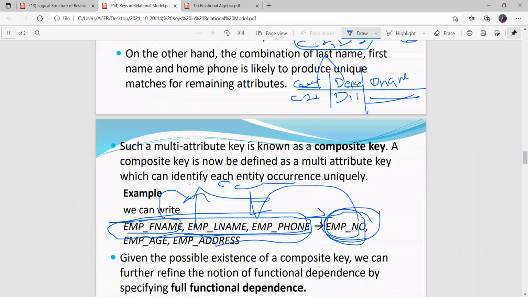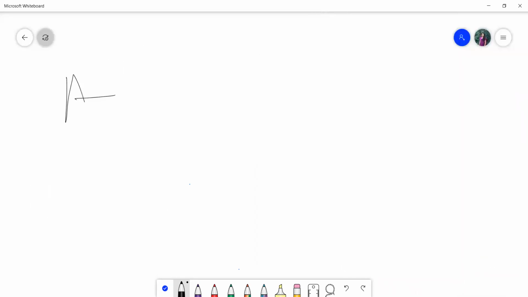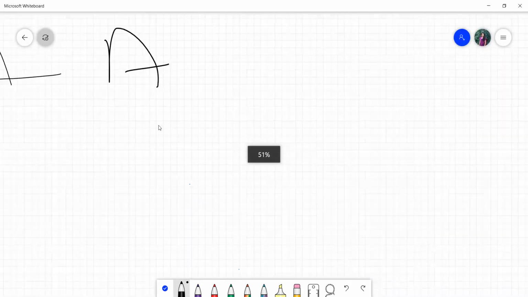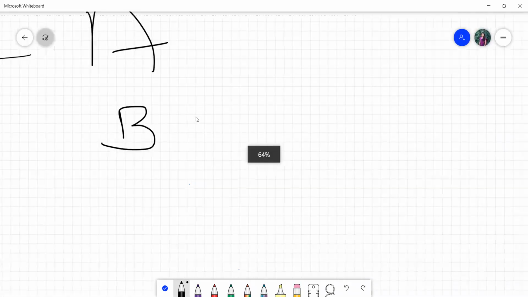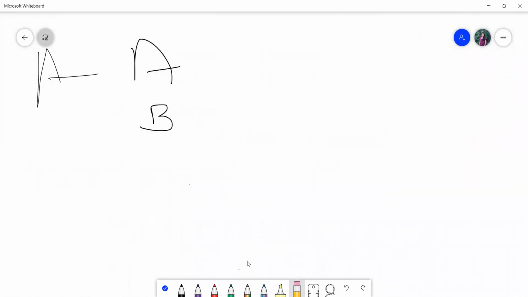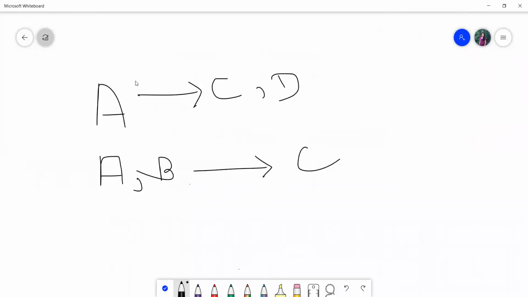Let's take another example like this. A is the primary key.